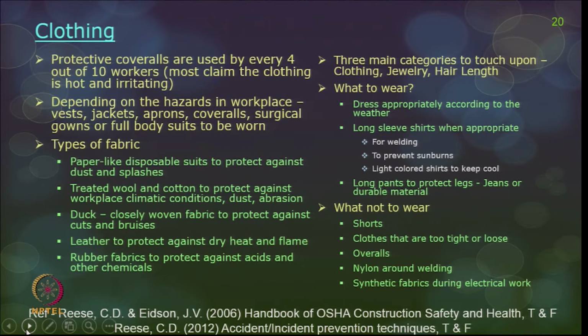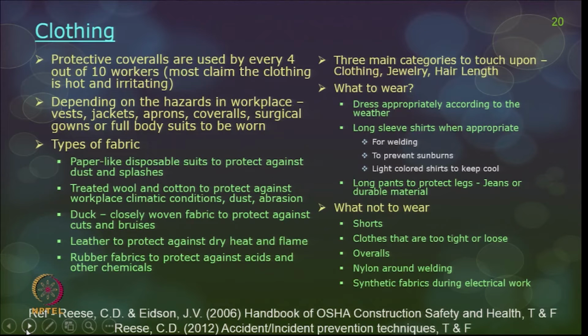So, paper like disposable suits are primarily used against dust and splashes, and treated wool and cotton are used to protect against workplace climatic conditions, cotton for hot summer and woolen for cold weather, and also against dust and abrasion.